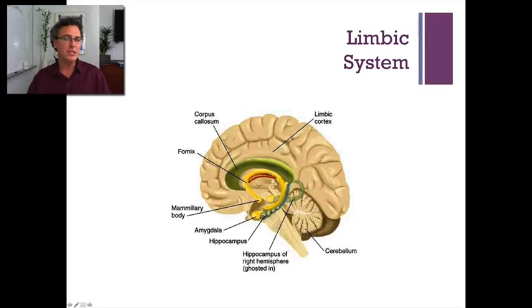Now, it's no coincidence that the amygdala and the hippocampus are so close. If you do find yourself in danger, it would be very handy, assuming you survive the danger, that you remember the conditions that were just before the danger appeared. Because if you do, that will allow you to potentially predict the danger if those conditions reappear.